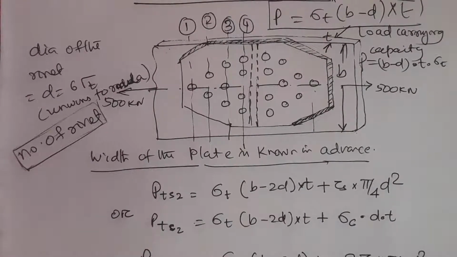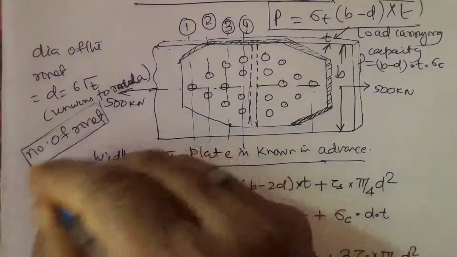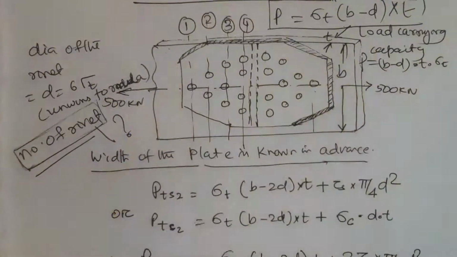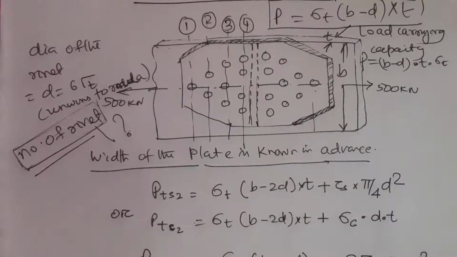So the determination of the number of rivets is the main task for the required force carried by this joint. Once you know that, you can find out the pitch, and the back pitch and other things we can easily know.